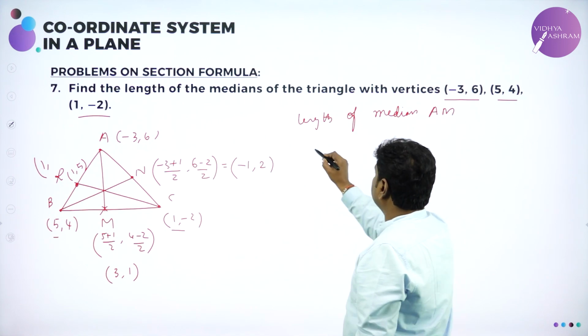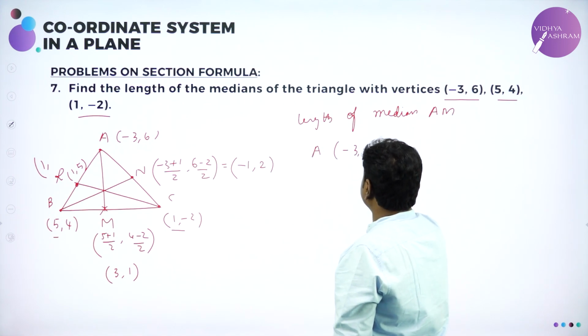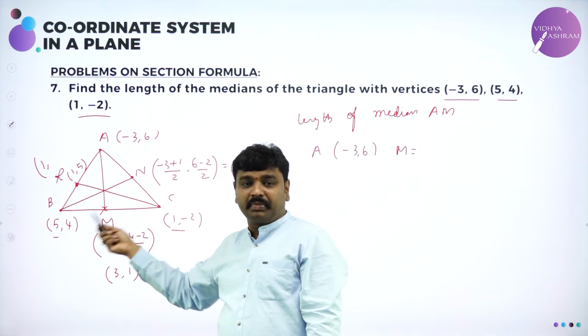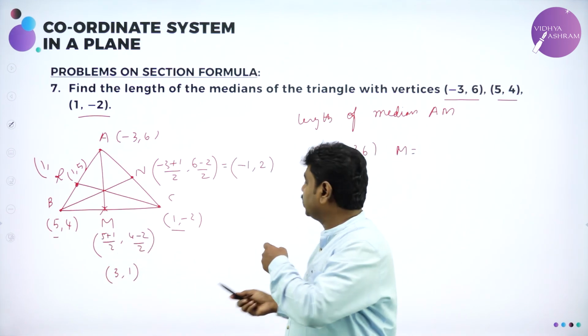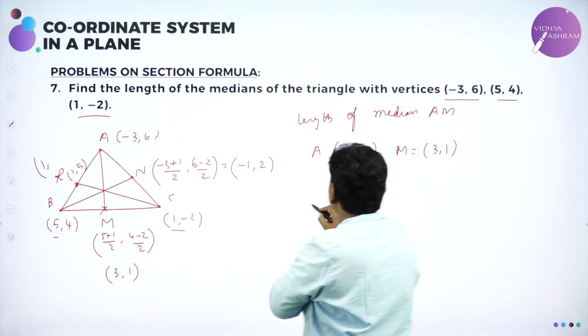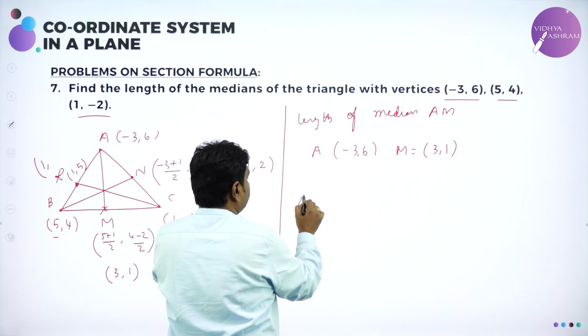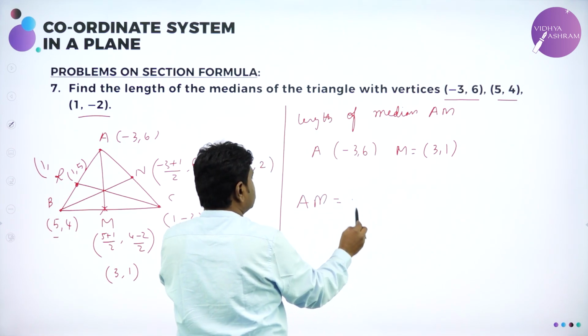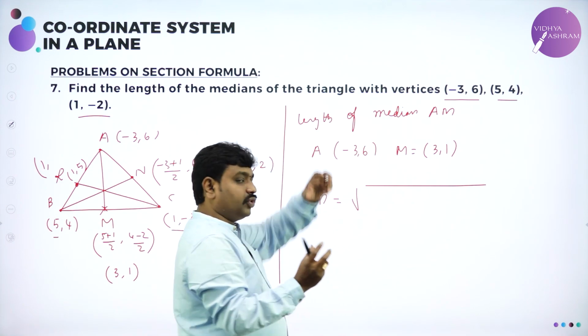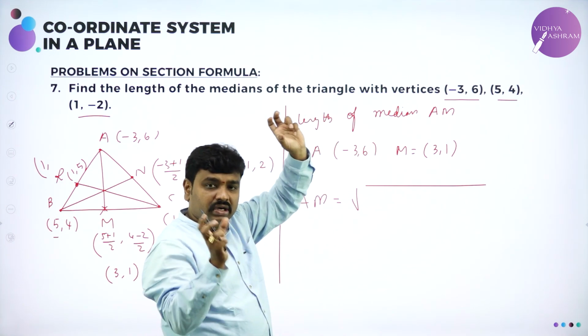So now the length of median AM. You know what A is, minus 3 comma 6. M you got. M is the midpoint of BC. For BC I used the midpoint formula, I got it. So now M also, you know what M is, 3 comma 1. Now I will find the length of AM. So one of the medians is AM. Length means distance. Distance means you can use the distance formula. If you know 2 points, you can find the length or distance.